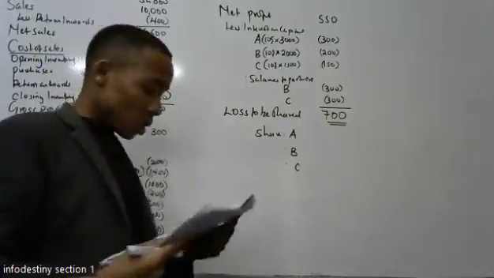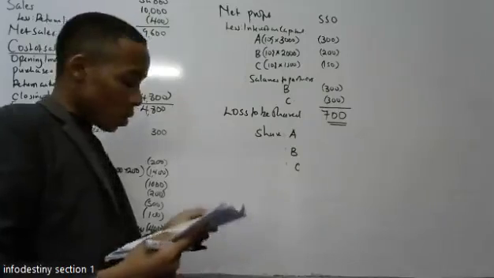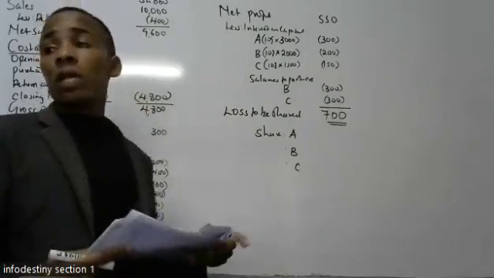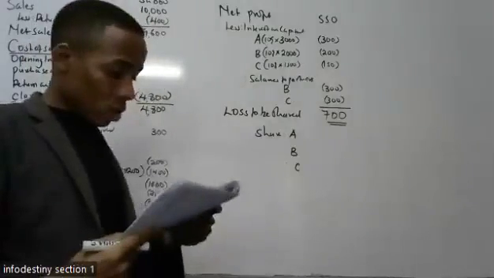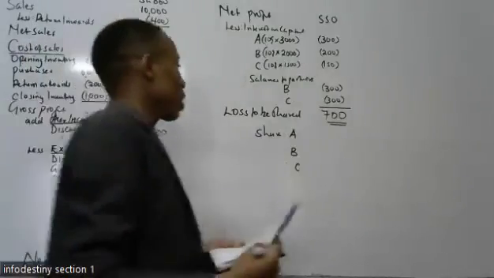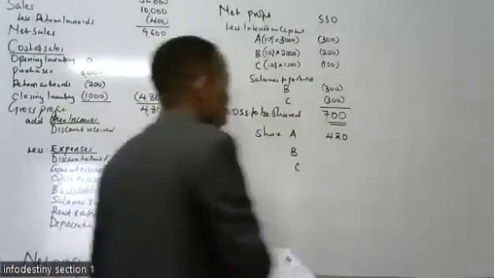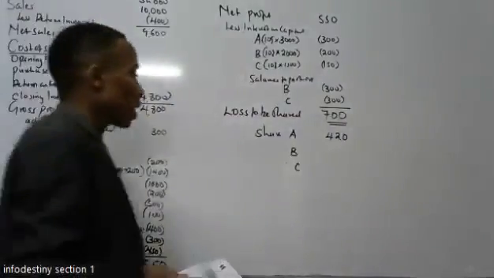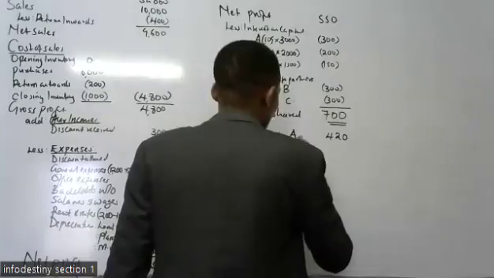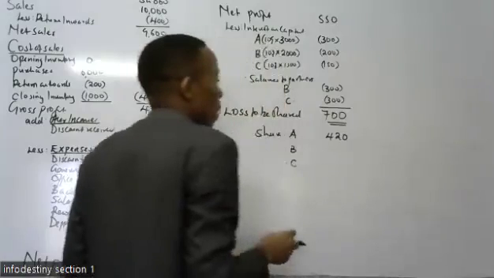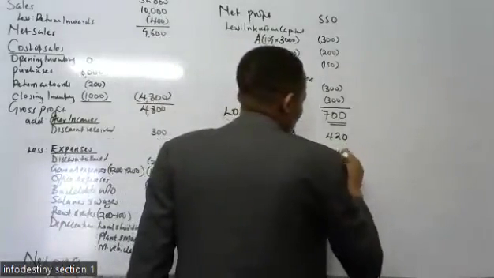So Andrew takes 3/5 of 700, which is 420. Then Ben and Carol get the same portion of how much? 140 each.